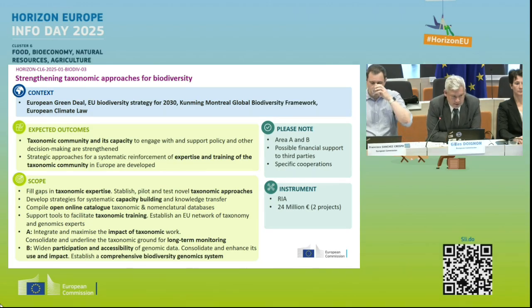Also, that we have the development of strategic approaches for a systematic reinforcement of expertise and training of the taxonomic community. As you know, we really need a new generation of taxonomists to continue the work in the next decades. And this includes also the genomic community for biodiversity identification and monitoring.